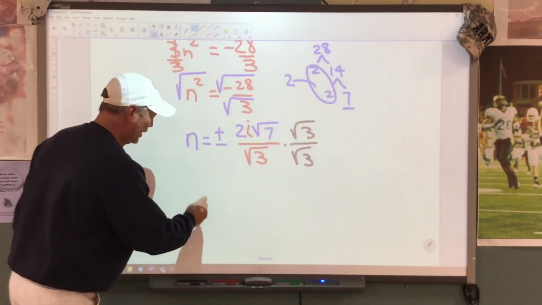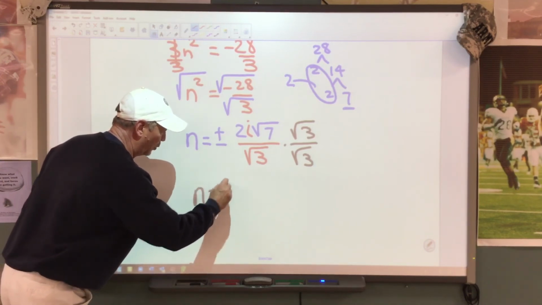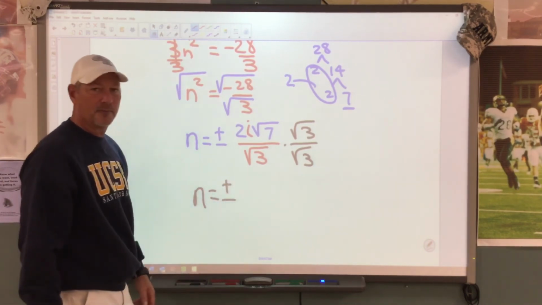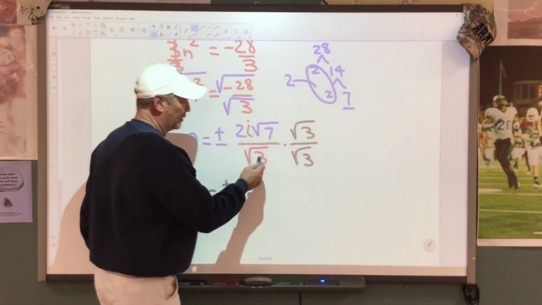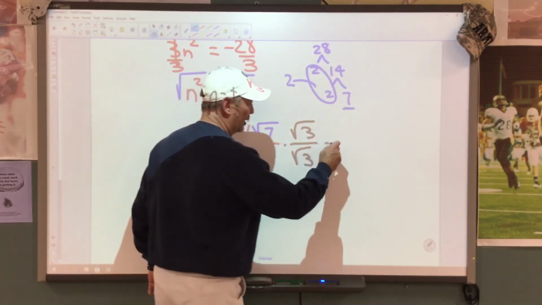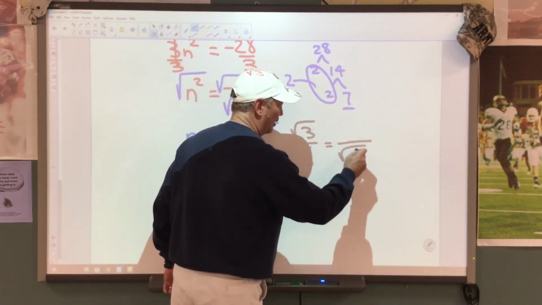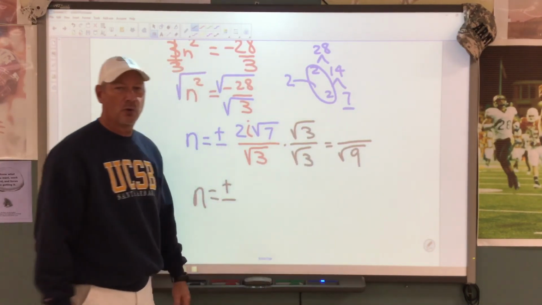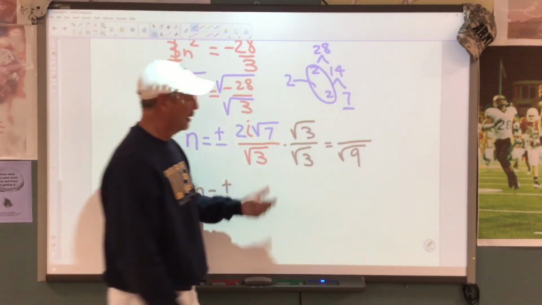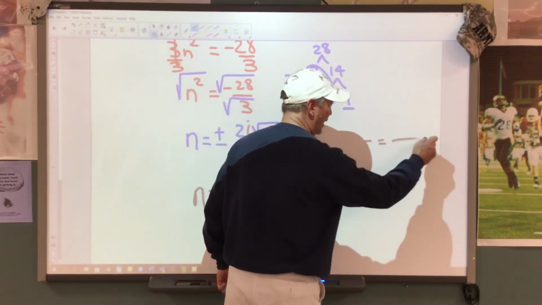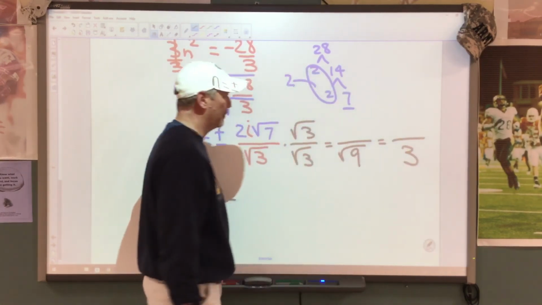What's going to happen is I get n equals a positive negative. A square root of 3 times the square root of 3 is going to give us the square root of 9. What does the square root of 9 equal? The square root of 9 equals 3. That's the very first thing we talked about.